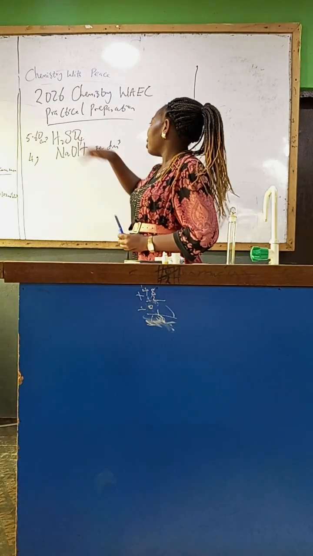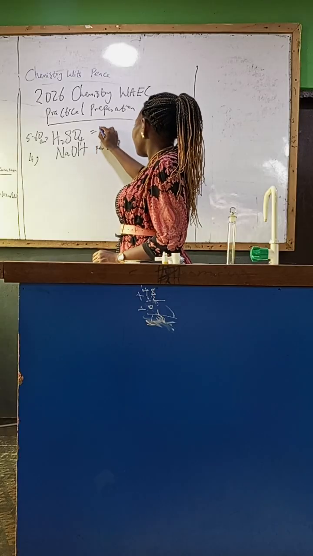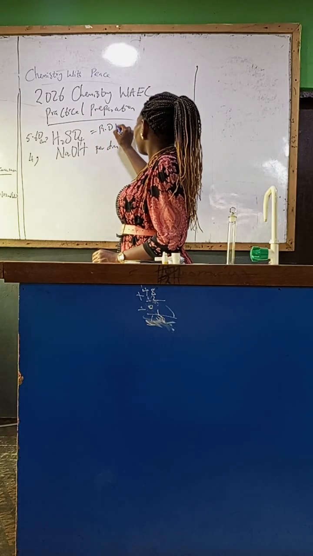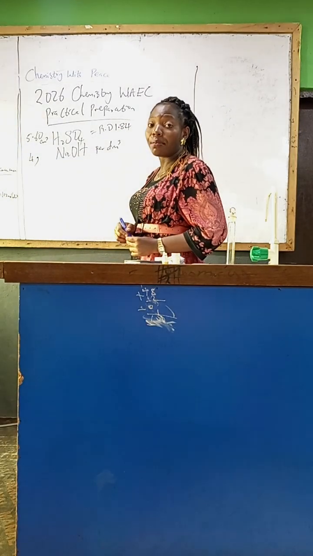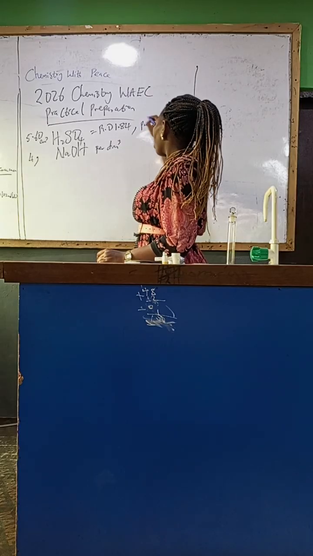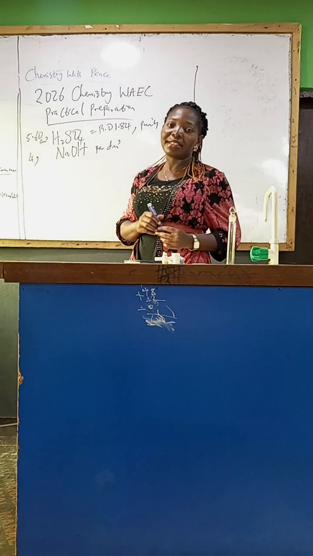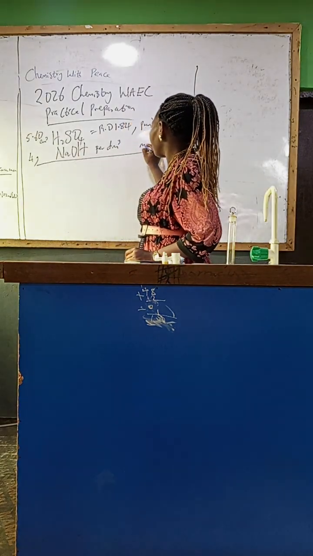Then for the acid, we are also given the relative density of 1.84, and we are also given the purity of the acid as 98%. Then this is the mass concentration.